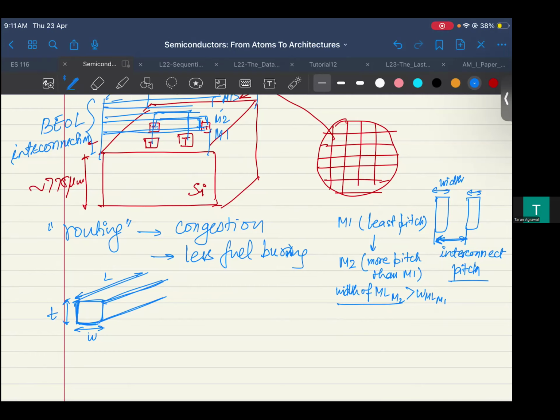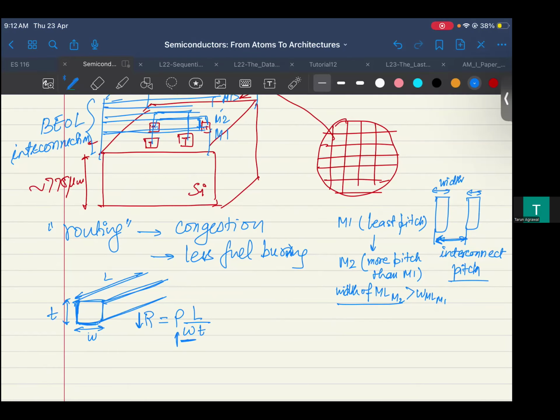Now, how does the resistance of this line play? It can be described in this term, and this we all know: rho L by A, where A is your W times T. So what you see is that if you increase the width, resistance goes down. That is very good news, because you are going a longer route, but your resistance is lesser.